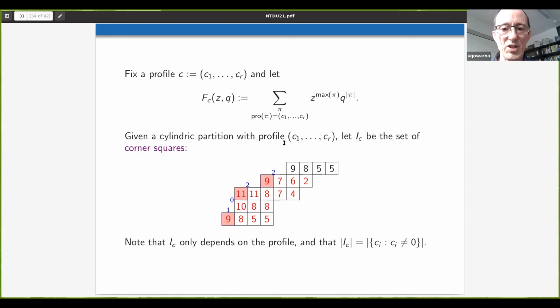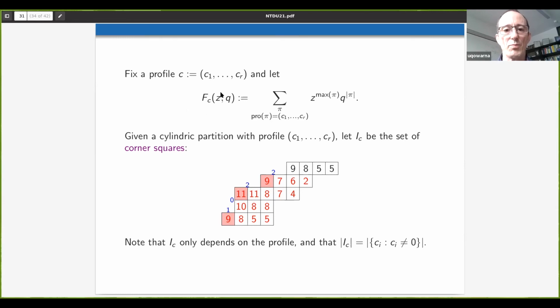But these cylindric partitions are really nice to work with. So now I'm going back to the generating function where I keep track of the maximum part, so z to the max. In this example, again, the max would be 11, and q to the volume of the cylindric partition. Let's try to compute this.